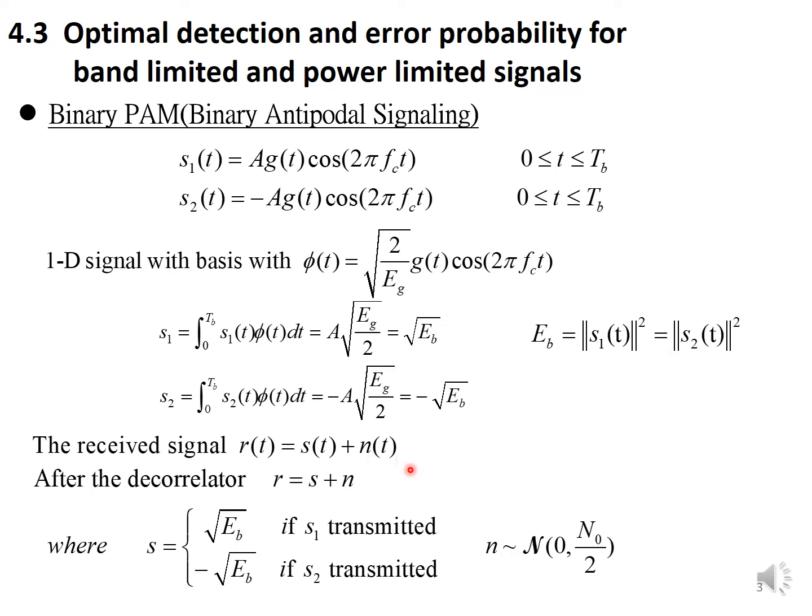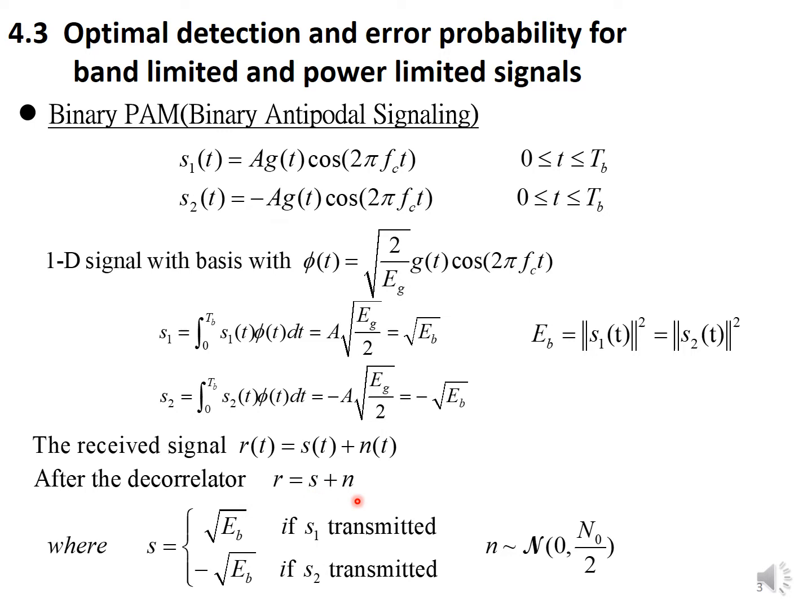The noise is Gaussian AWGN noise with zero mean and variance of N0 over 2. So that would be the signal model of the binary PAM. So r comes out of the correlator, and r is the input to the MAP detector, where s is the signal part and n is the noise part.